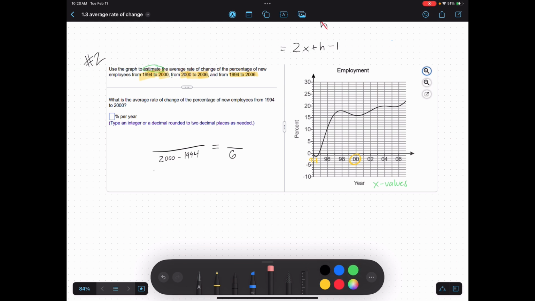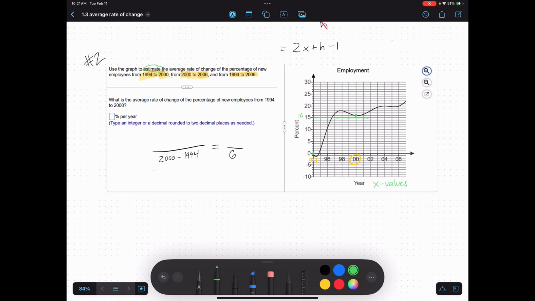Well, 1994 is pretty straightforward because it's right here at 0. Okay. 2000, I'll come up here and just look for the closest grid line that it's intersecting with. So I'm going to go with that one, and if I follow that one over here, it looks like that's 16. Because 15 is right there. 15 is right under it.